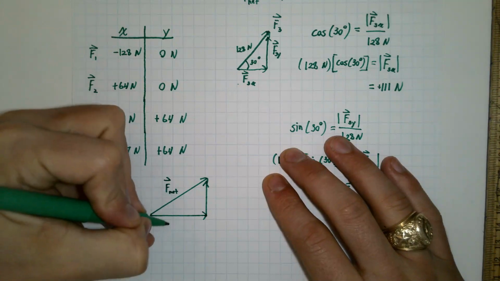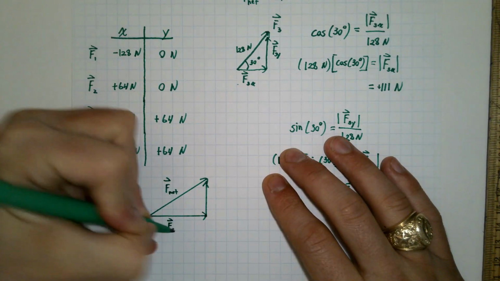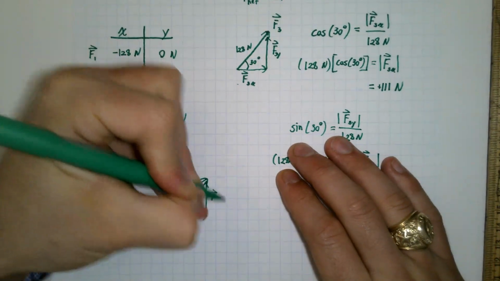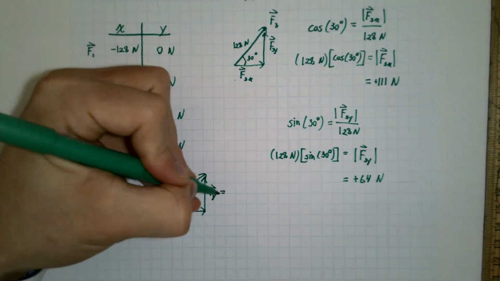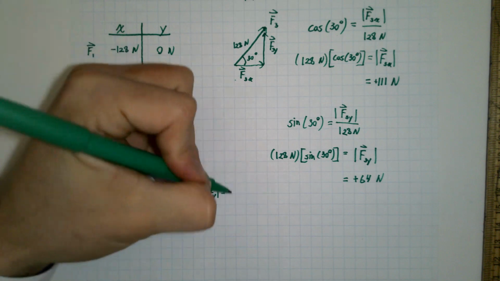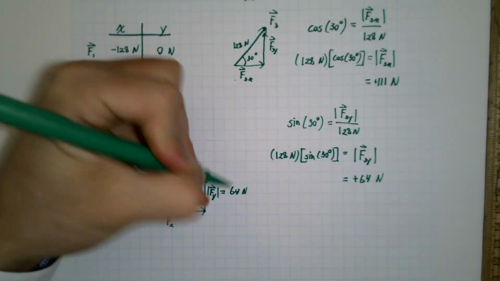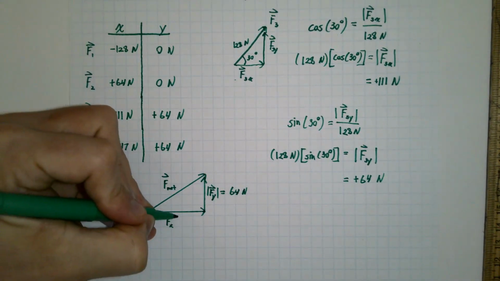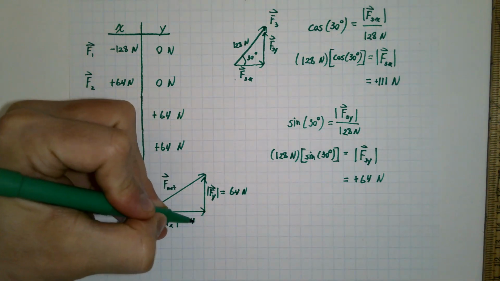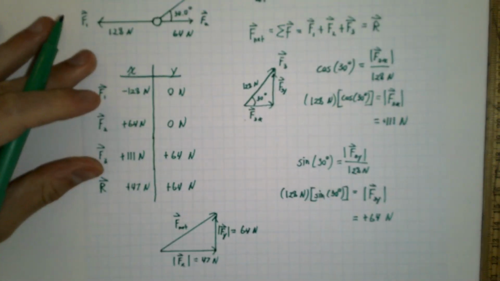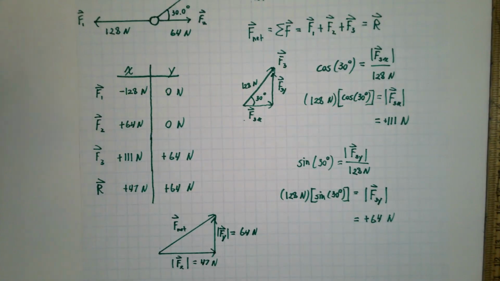This is our net force in the x dimension. This is our net force in the y dimension. We know the magnitude of this is 64 newtons. The magnitude of our x component of the net force is 47 newtons. So that's what our analysis here in this table demonstrated to us.